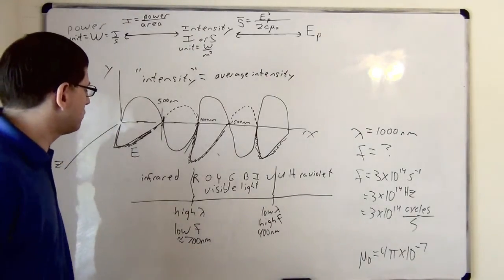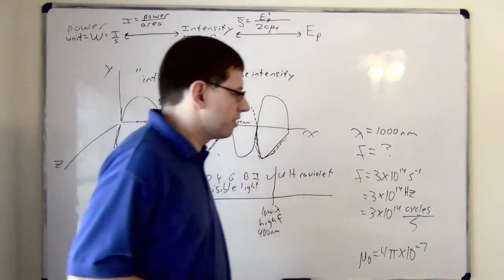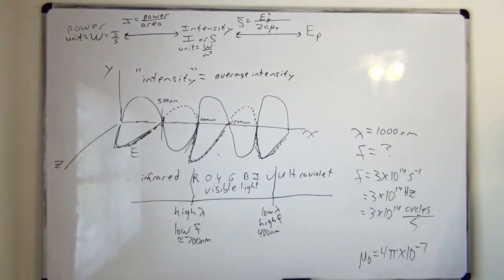I forgot to ask you, how is wavelength psychologically perceived? If you change the wavelength, how does that psychologically change the light? Well, if you have a higher wavelength, then you're going to have a lower frequency. That's a good start, but that's not psychological. How would that be psychologically perceived?